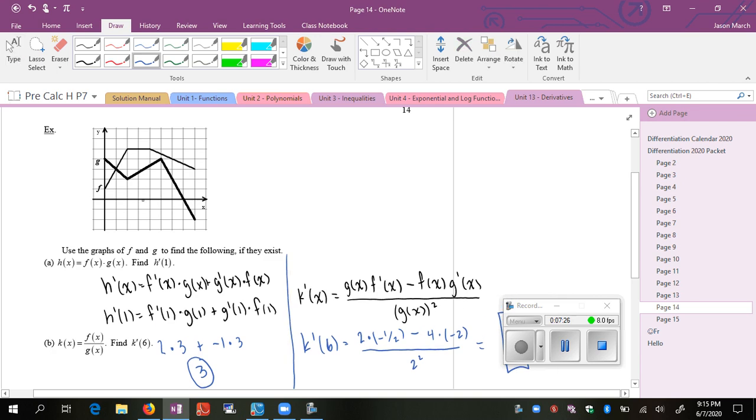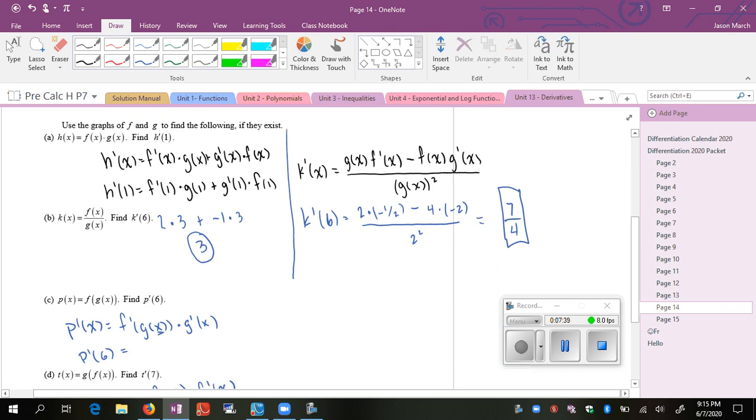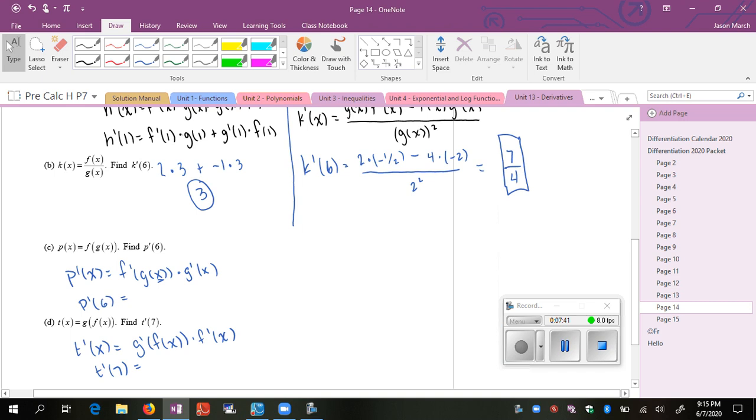G of 6 and 7 right there. So G of 6 is 2. And so F prime of 2. So we have F prime of 2 times G prime of 6.